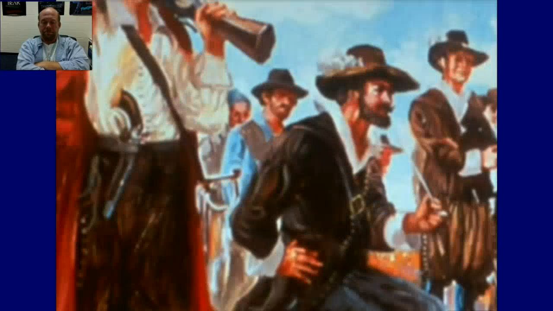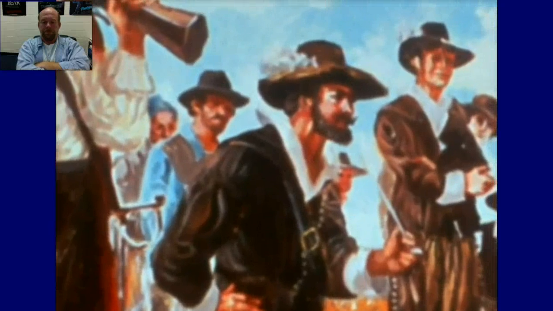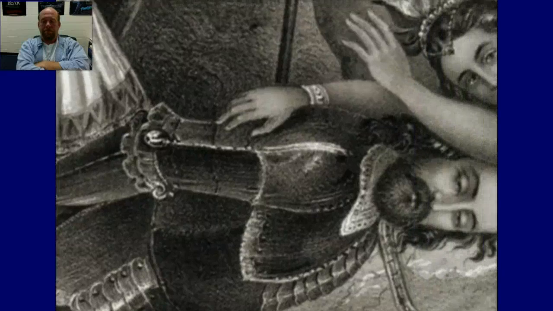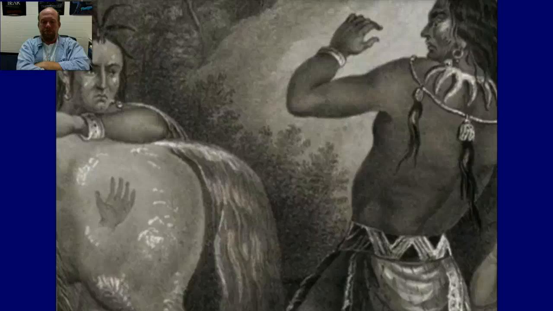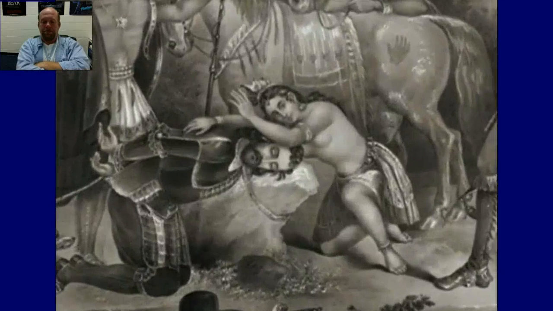There's other people who just hate him, and the hatred is just off the charts. Smith's life is famously saved by the Indian princess Pocahontas when he is threatened with execution by her father, Chief Powhatan. But the storied romance between them is only a myth.